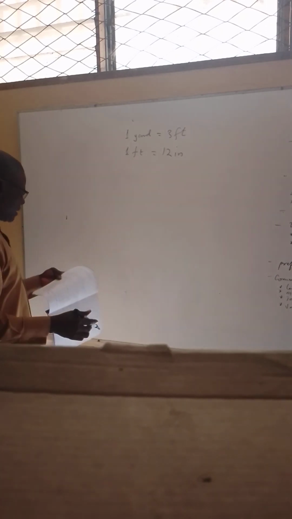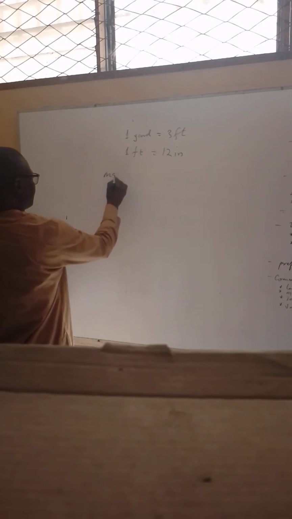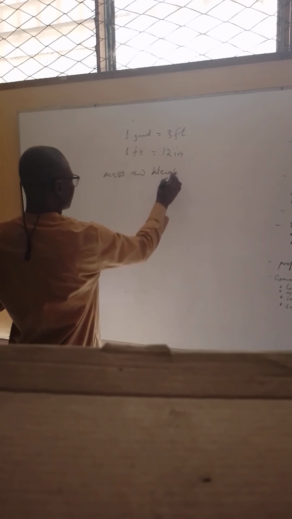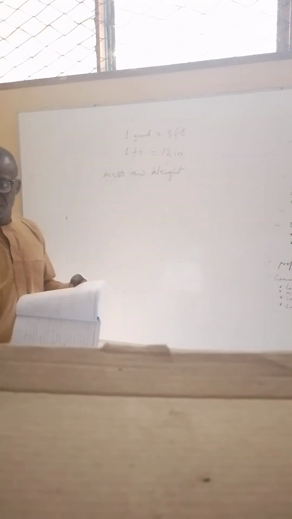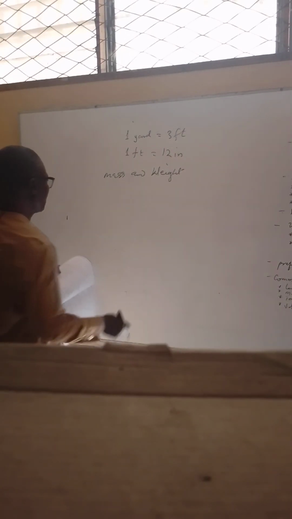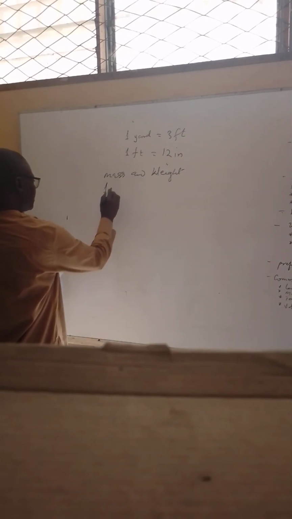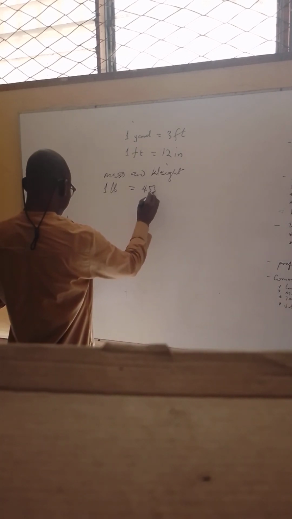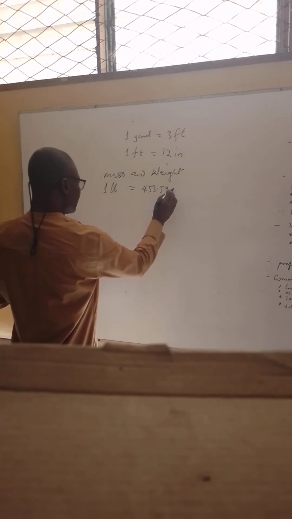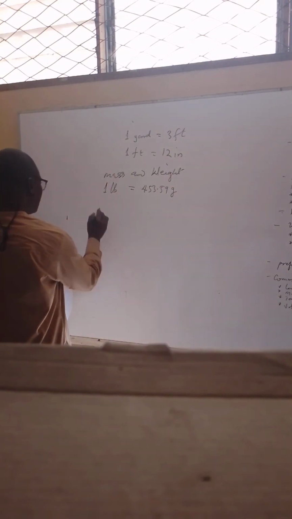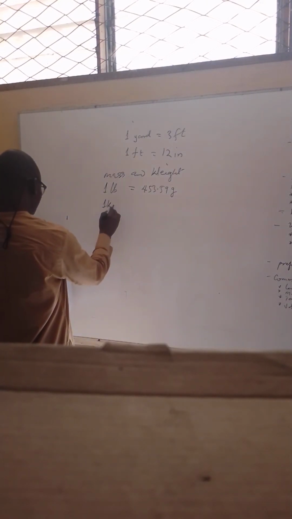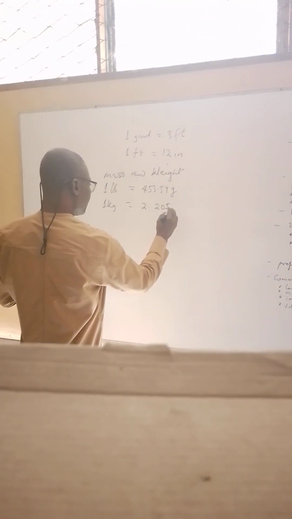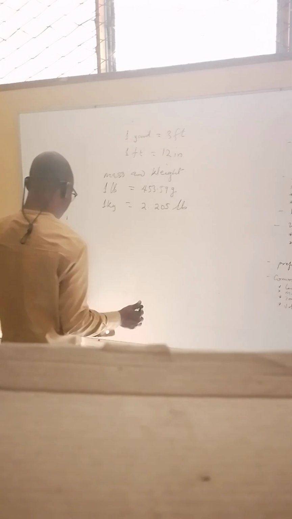Then for mass and weight, let's look at mass and weight. We have 1 pound. 1 pound is equal to 453.59 grams. And 1 kilogram is 2.205 pounds.